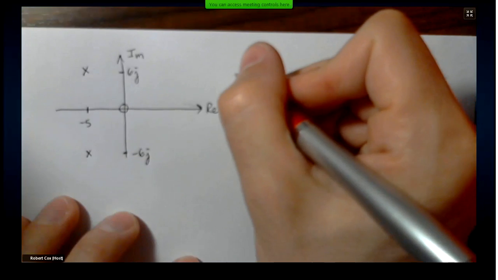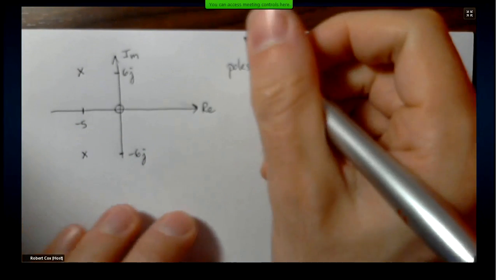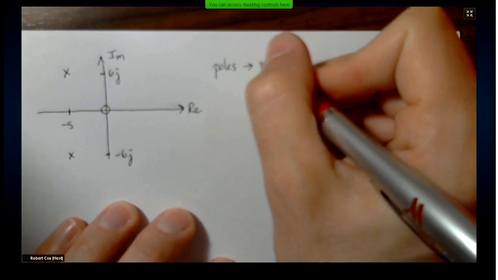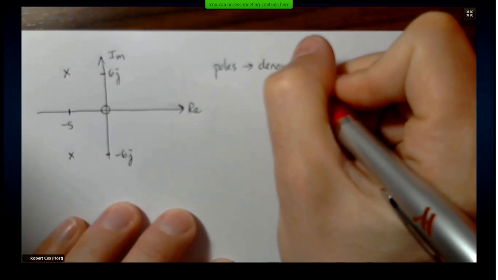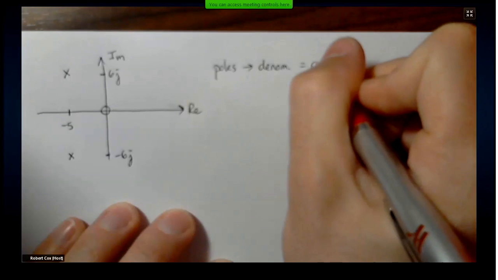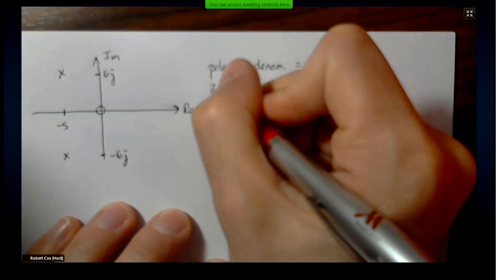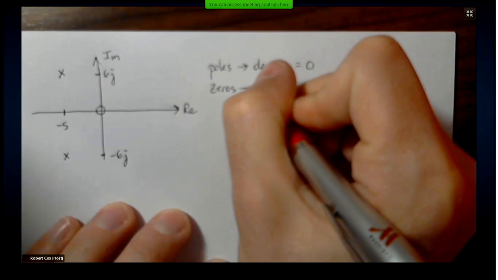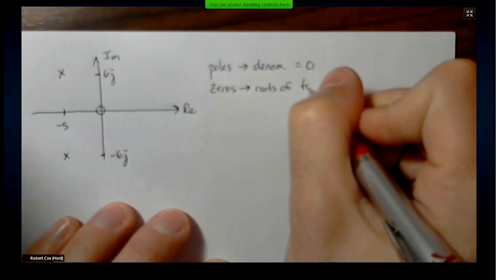Now what we said in class the other day, poles are the things that make the denominator equal to 0. The roots of the denominator. Zeros are the roots of the numerator.